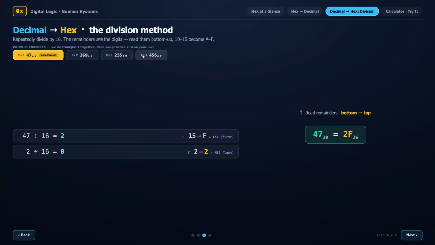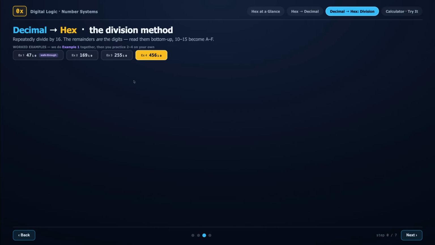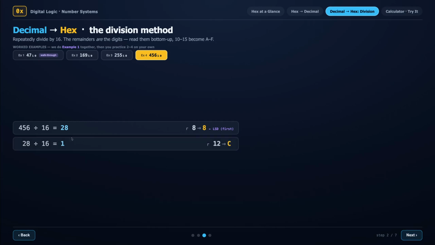Let's look at 456. All right. I can take 456 divided by 16. I get 28 with a remainder of 8. All right. So from there, I take the 28. 28 divided by 16 goes in once, and the remainder is 12.